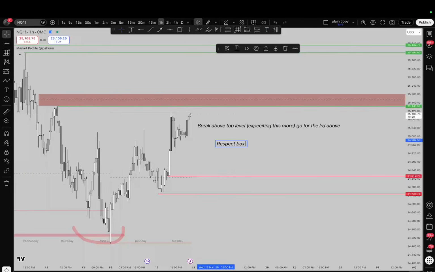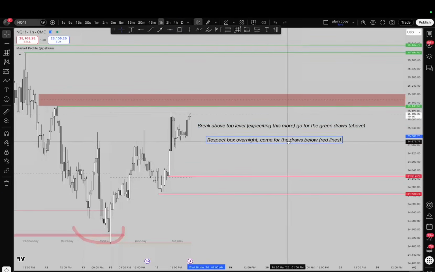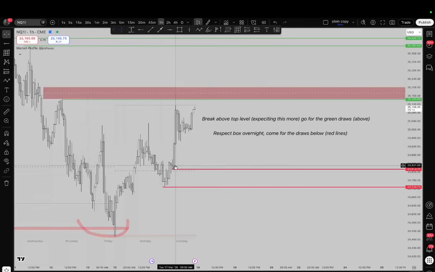Then if we respect the box overnight, red lines. Okay.